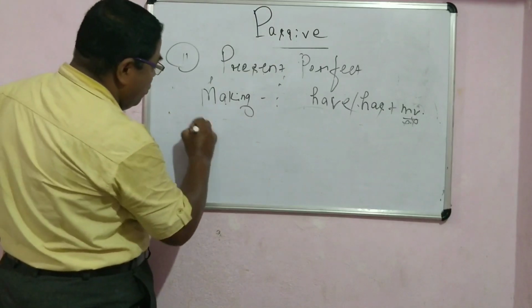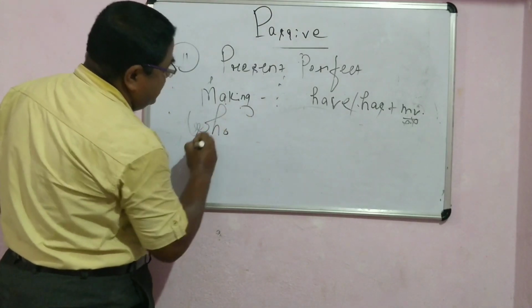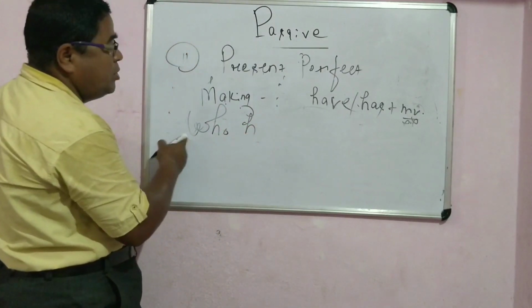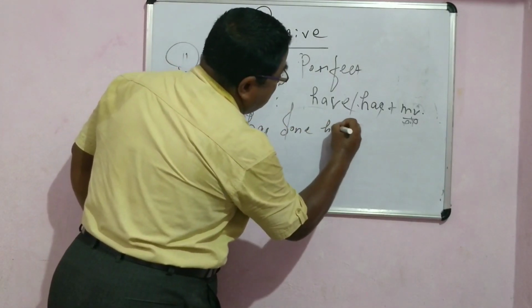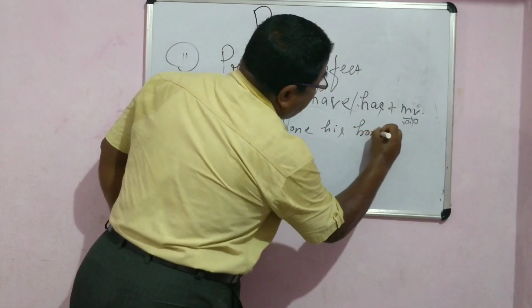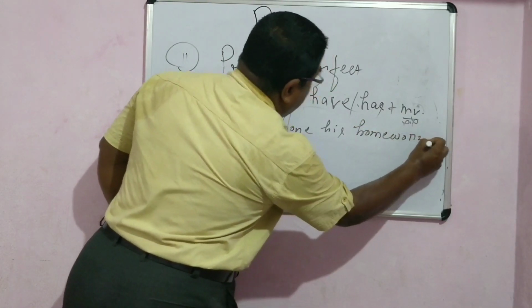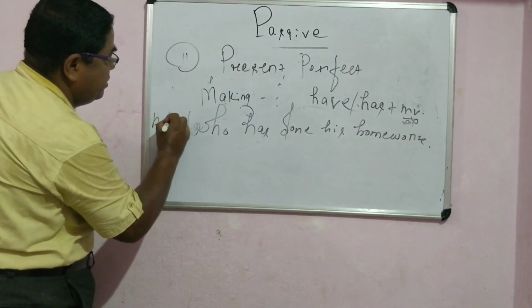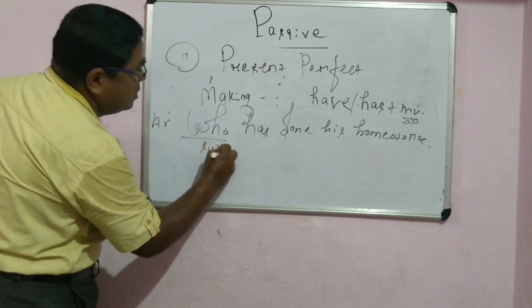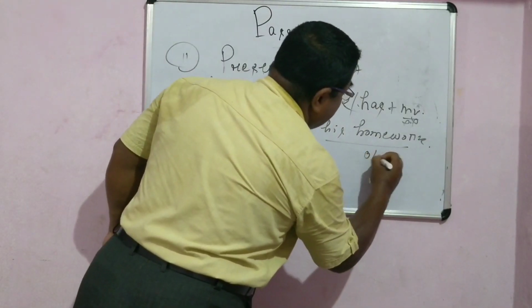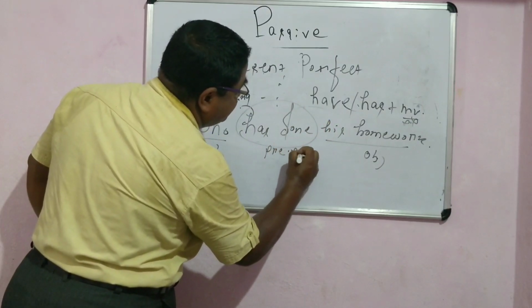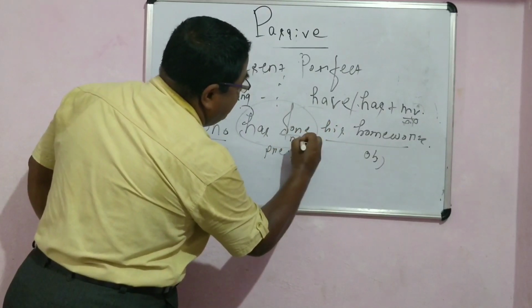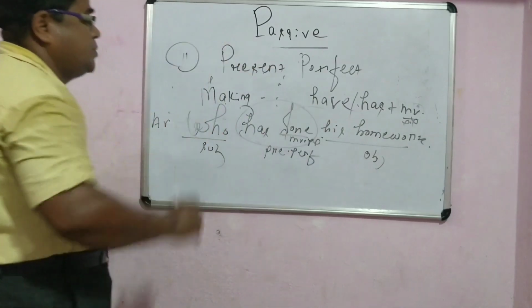This is the WH interrogative because it begins with a WH word. So, who has done his homework? Now the sentence is active. Who is the subject. His homework is the object. Has done is the present perfect, and done is the main verb, which is equal to PP, past participle.